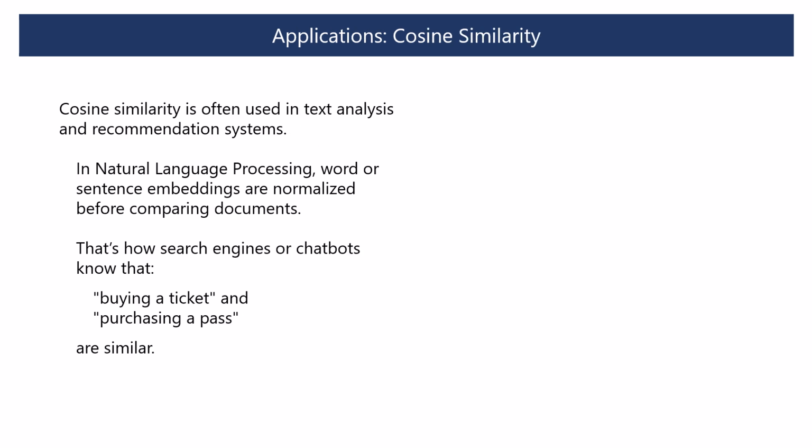The second is cosine similarity. It is often used in text analysis and recommendation systems. In natural language processing, word or sentence embeddings are normalized before comparing documents. That's how search engines or chatbots know that buying a ticket and purchasing a pass are similar.